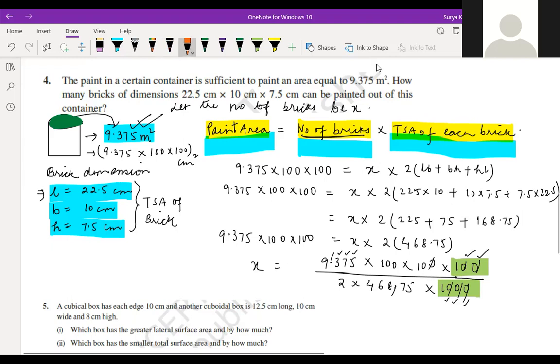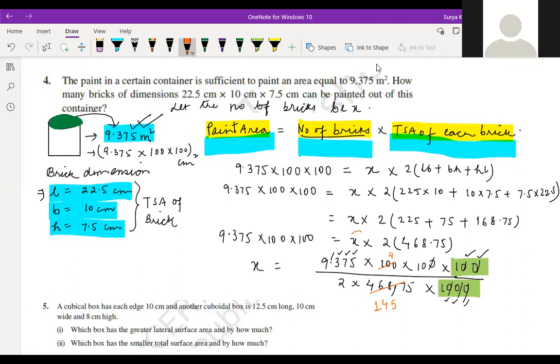What do you do now? 25 fours are 100. Okay. Then 25 ones are 25. 11 fours are 100. 15 fives are 75. Sir, actually here the 468.75 into 2 should come up, and the numerator should come in the denominator, I think.